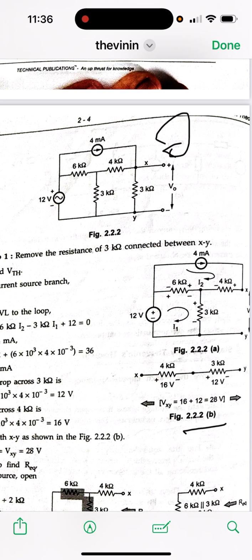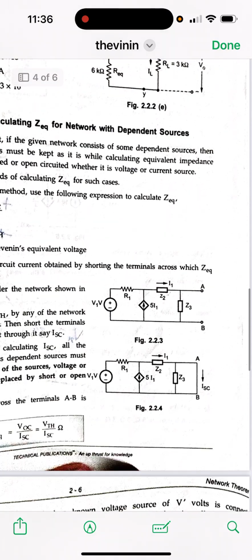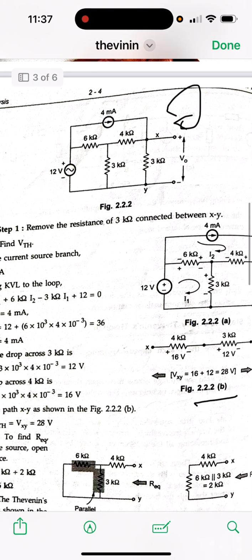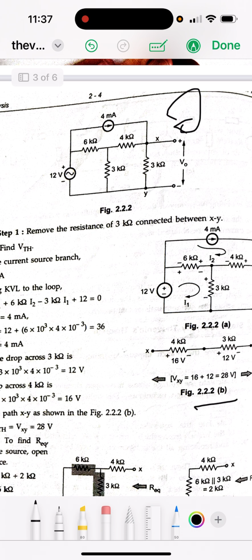In KVL, only two things are there. You should be very careful now. Can you see the plus here? The first thing you have to write is plus, then minus. Plus to minus is voltage drop.